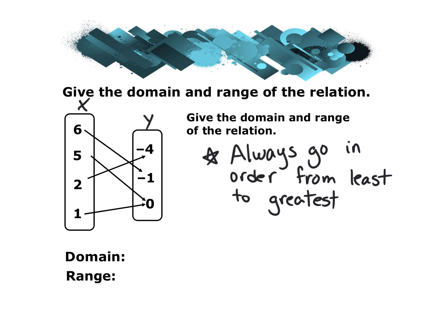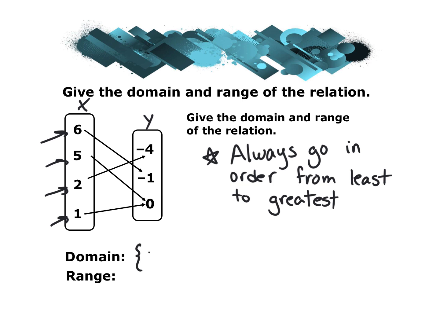Now, for domain and range of this type of mapping and for dotted graphs, we're going to use this little squiggly line. Again, going from least to greatest at the x, so it'd be 1, 2, 5, and 6.